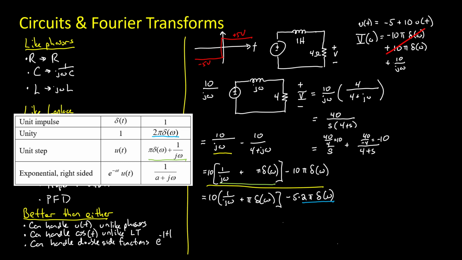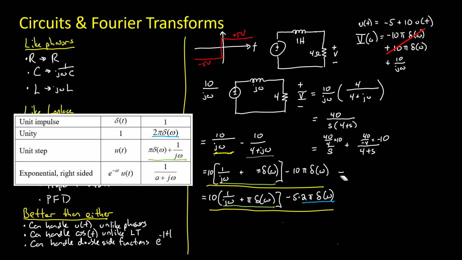So we know that everything we have underlined in yellow is the same as everything we have underlined in yellow above it, which is the same thing as the short first part that we have underlined in yellow. But the difference is that all the parts we have underlined in yellow, specifically the green and the blue, are in the table just multiplied by constants. We still need to do something with the second part, this 10 over 4 plus j omega.